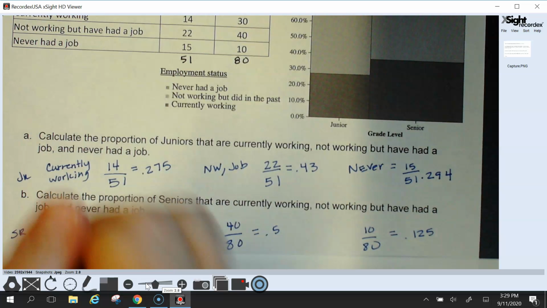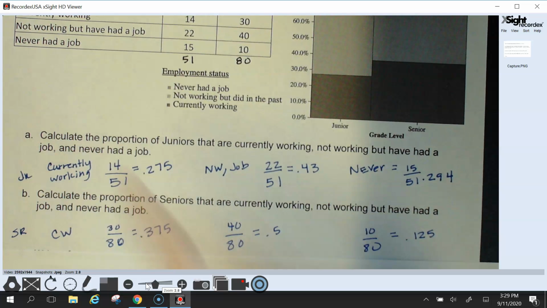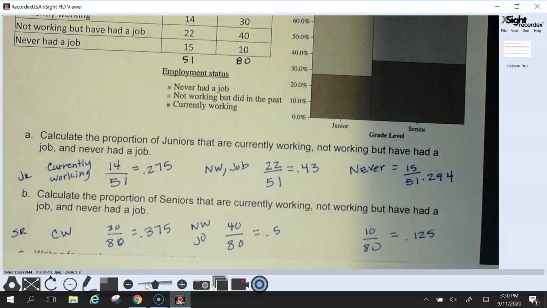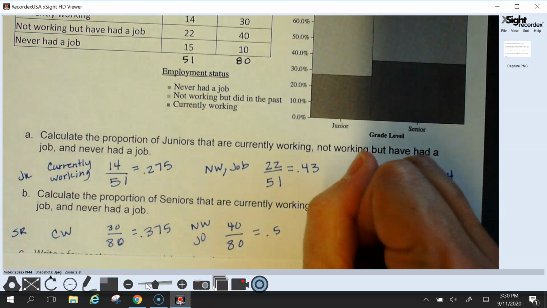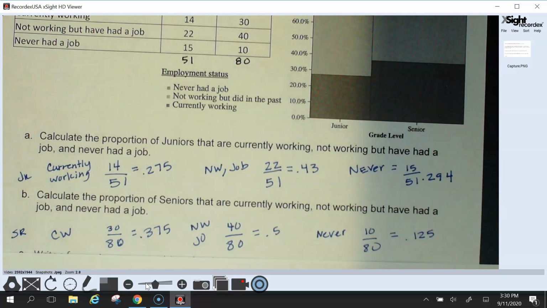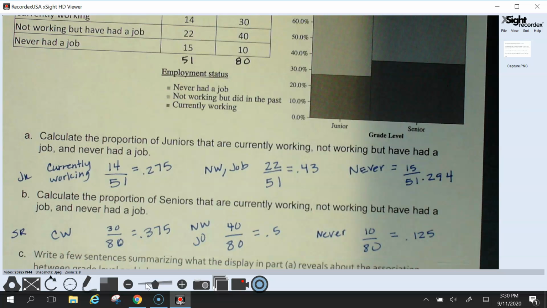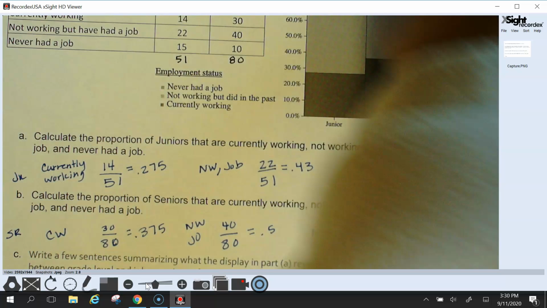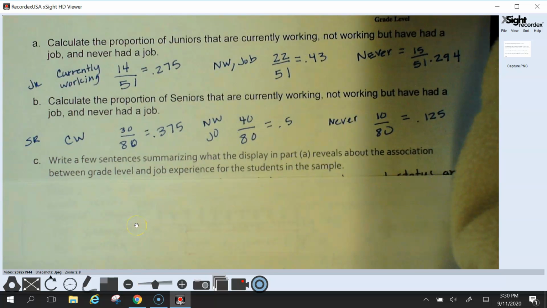So for our seniors currently working, got 30 out of 80, so that was 0.375. Not working but job, I got 0.5, and never having a job, 0.125.